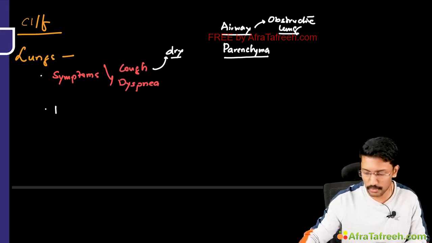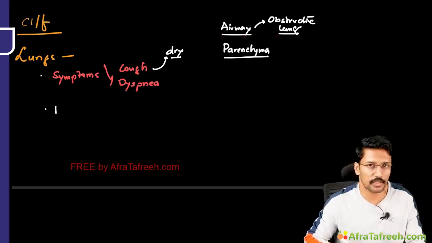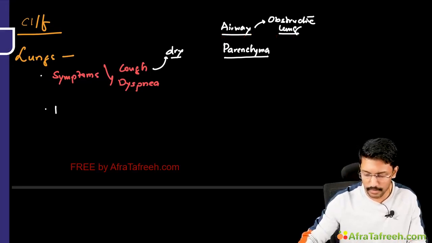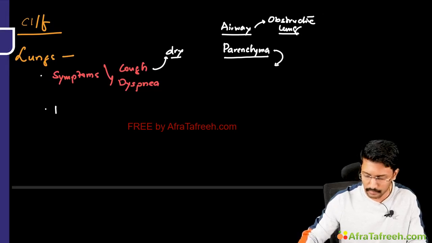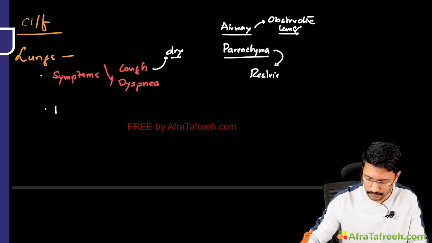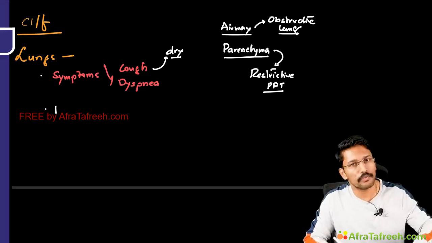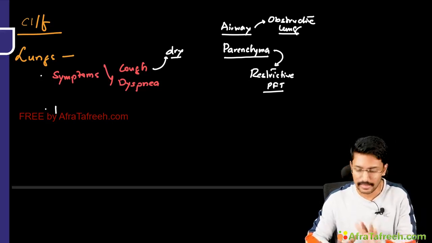If it is exclusive airway involvement, you might have the typical obstructive PFT picture. But in most cases, more than airway, there is involvement of parenchyma. Parenchyma involvement is much more common, and here it will lead to a restrictive PFT picture.